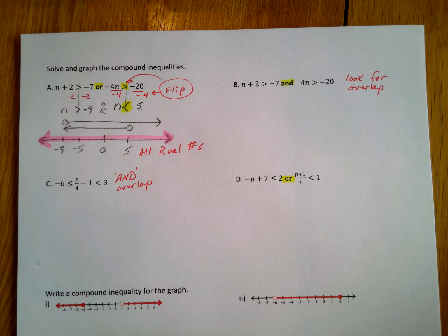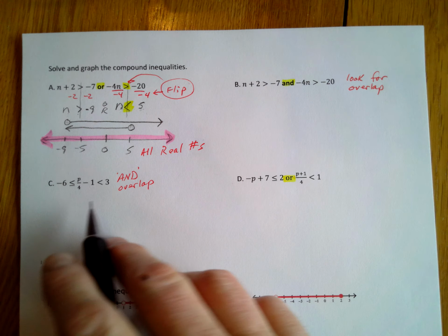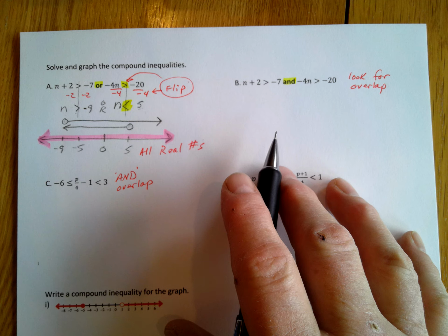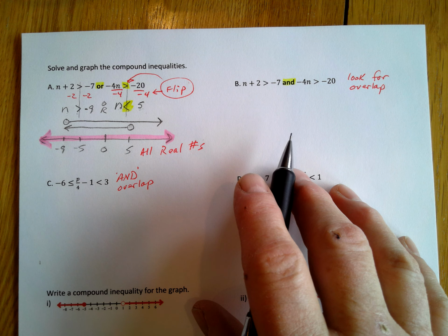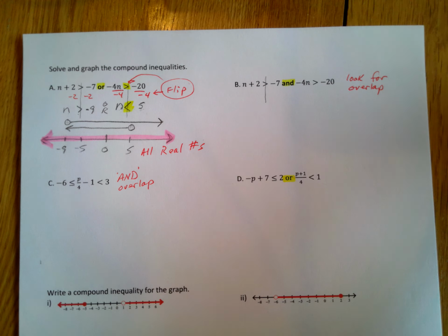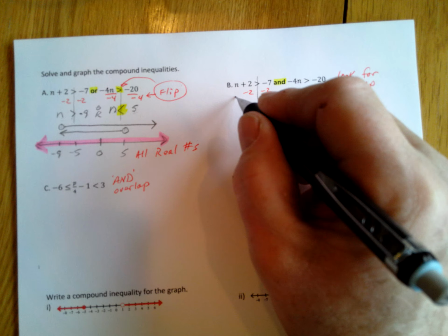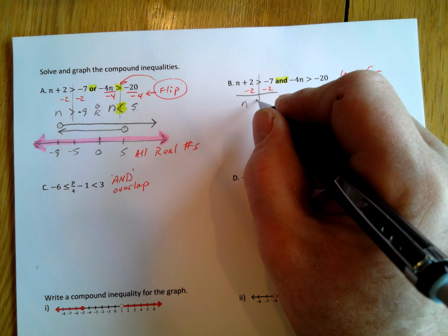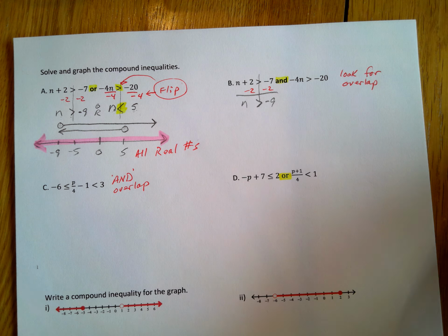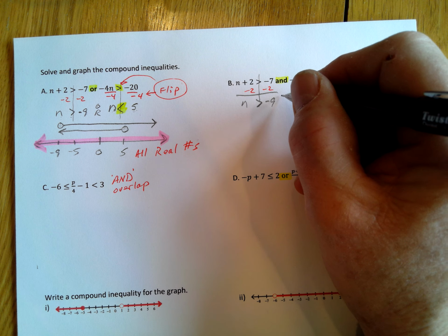Okay. So this is not written as a sandwich, so I'm going to work them both individually, but then I'm going to look for overlap when I graph it. All right. So put my line down the middle. -2, -2. Add down. N is greater than -9. I didn't flip my inequality because I didn't multiply or divide, I subtracted.